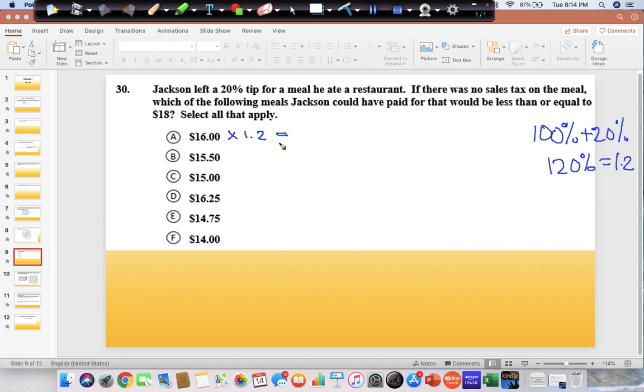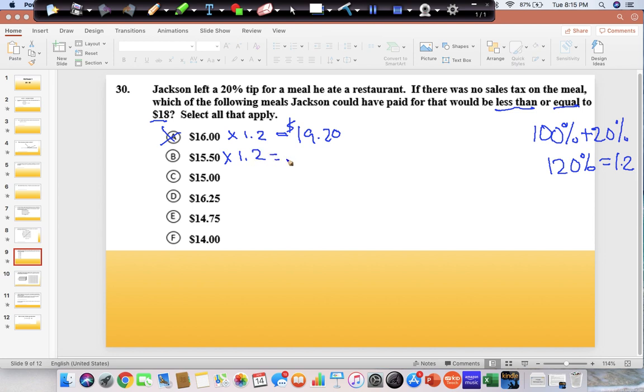So we can multiply that together, 16 times 1.2, and that gives me 19.2, which is $19.20. That is too much. It said we want it to be less than or equal to 18. So I'm just going to do that all the way down until I find one that gives me less than or equal to 18.